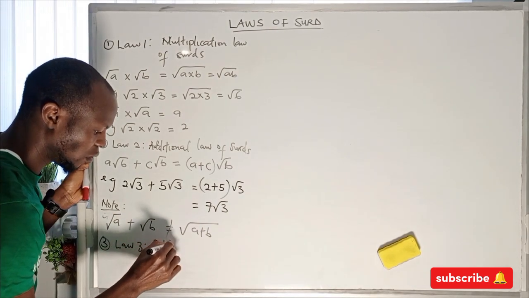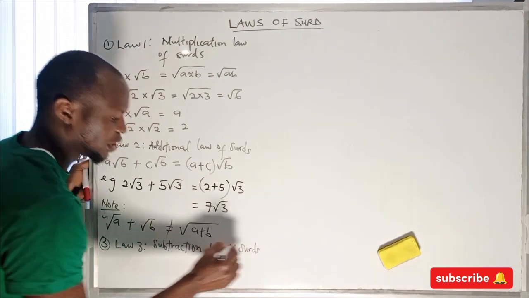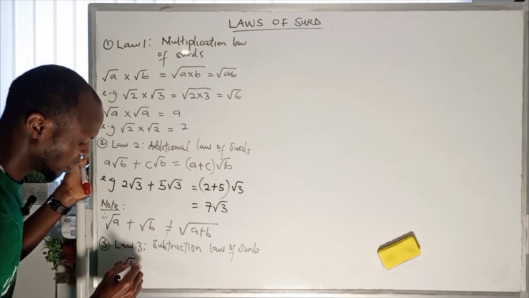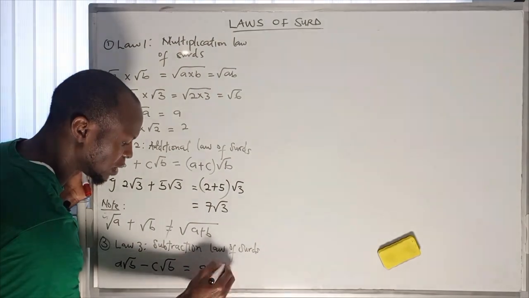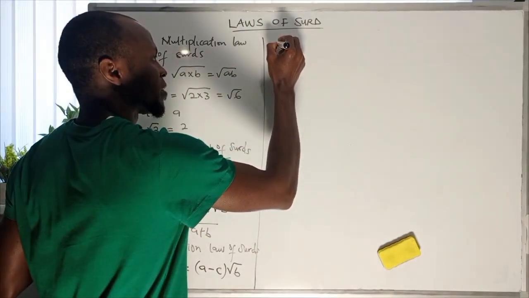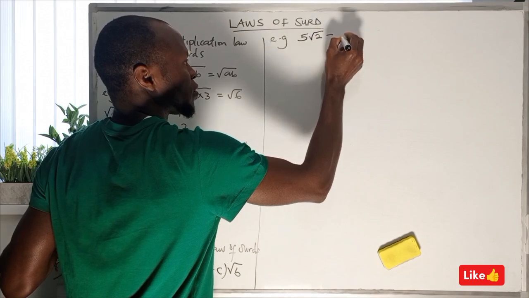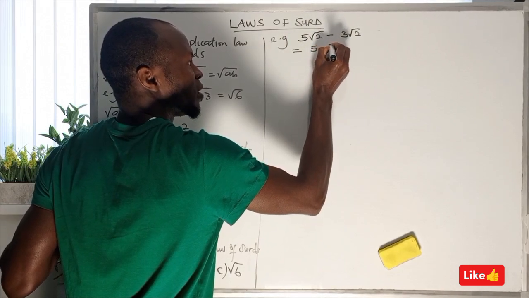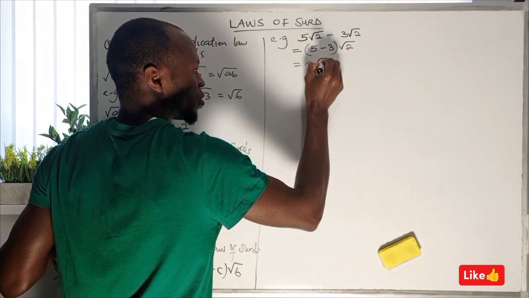The subtraction law of surds says that when we have A surd B minus C surd B, it is equivalent to A minus C, surd B. For instance, if you have to subtract 5 surd 2 minus 3 surd 2, this is equal to 5 minus 3, surd 2, and 5 minus 3 will give you 2 surd 2.